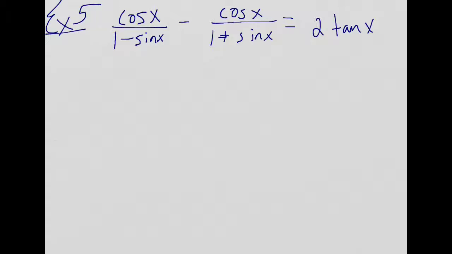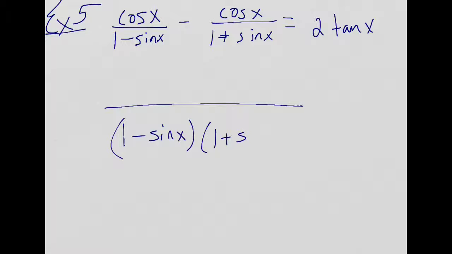So what have we got to do first? Alright, what's it going to be? Alright, so it'll be 1 minus sine x times 1 plus sine x.